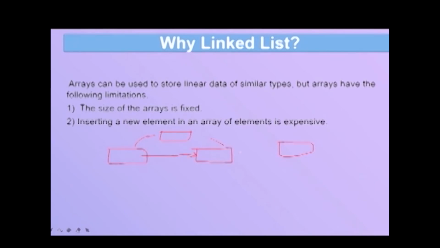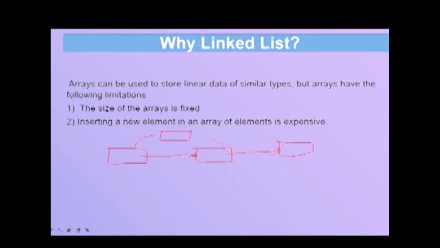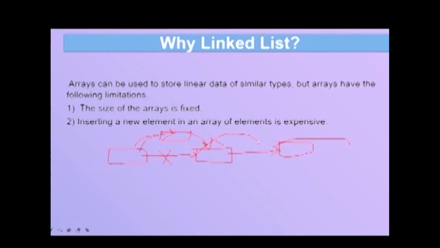What we have to do is link this node with the new node first, then this link will be cancelled, then we link the new node with this node. We have not shifted these values or nodes to the right. So this is a constant time operation.